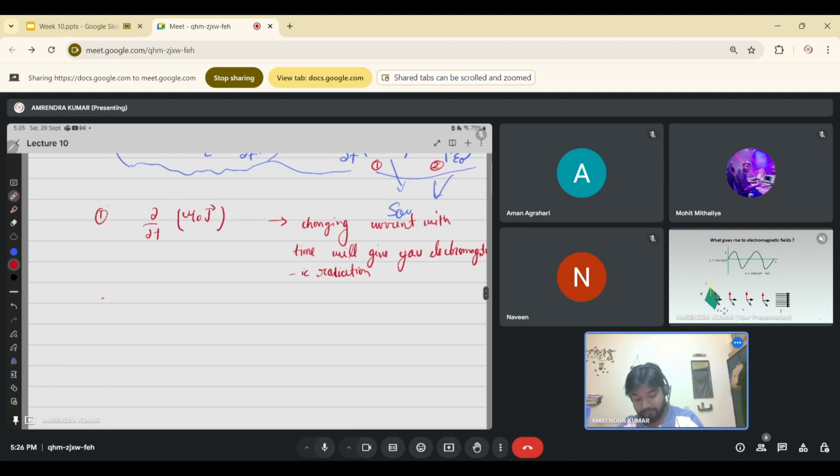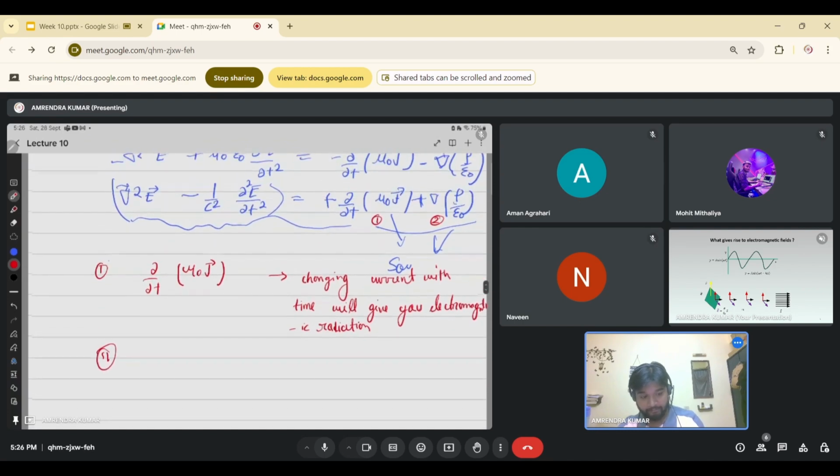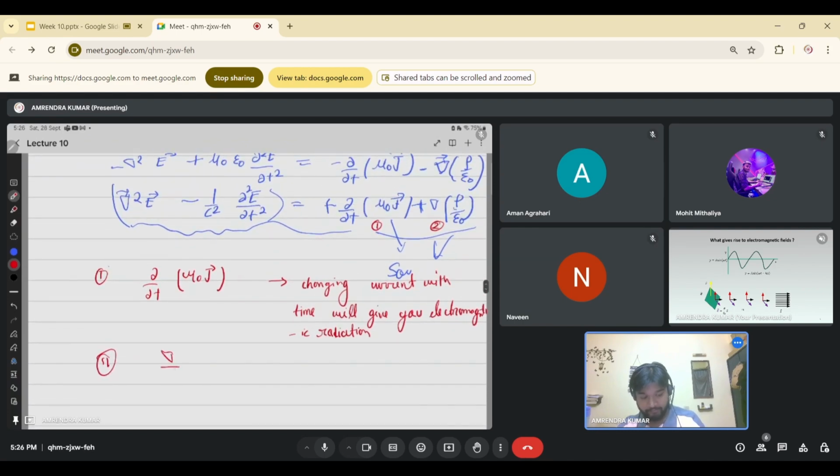The second one is del dot E is equal to rho over epsilon naught, which is also the source term.